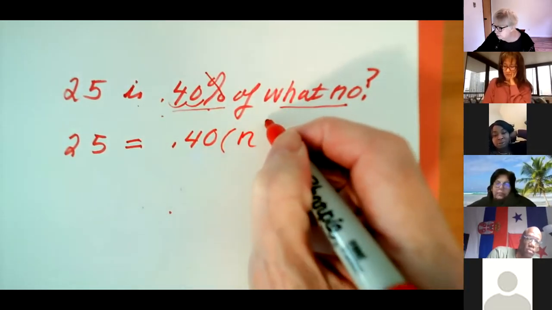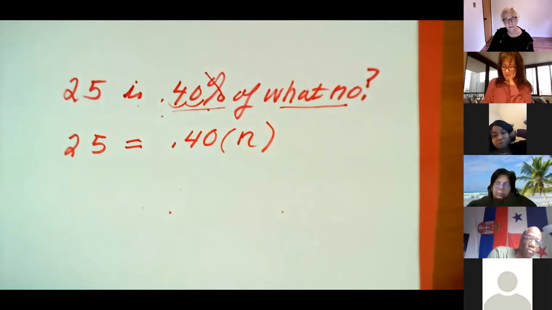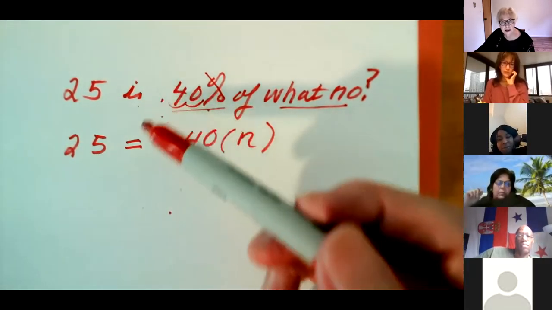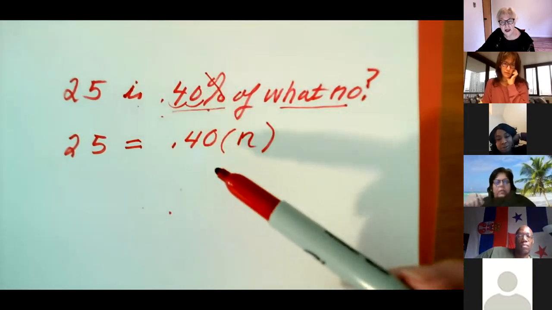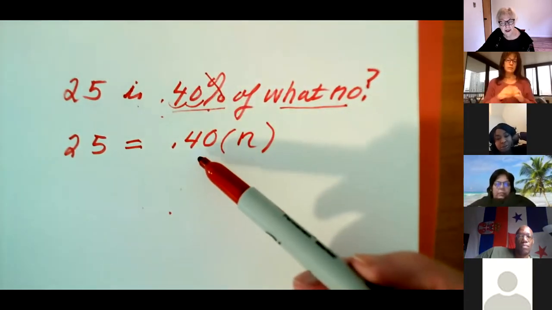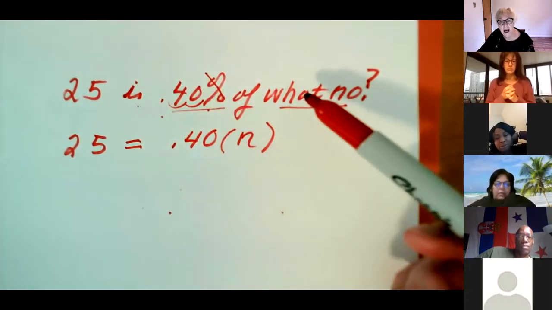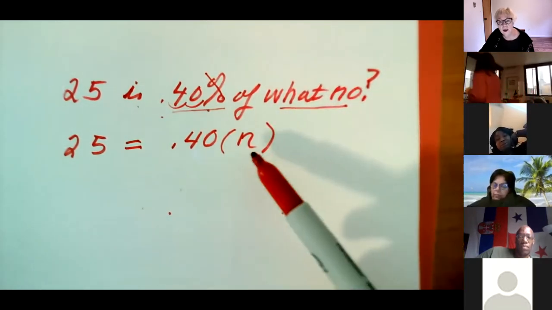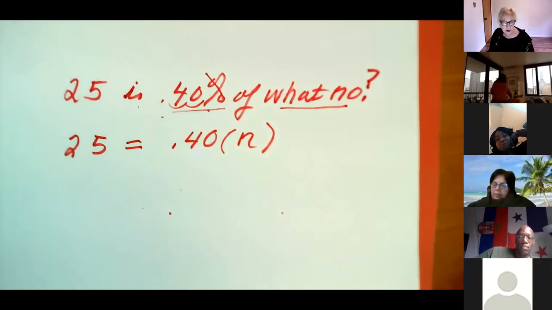I'm using n for a while. Can you see the translation? 25 is equals 40% into a workable number, either a decimal or a fraction, and of times, I use the parentheses, what number? I picked n, I could have picked x or any other letter you like.